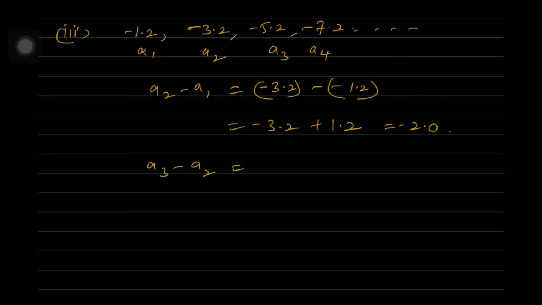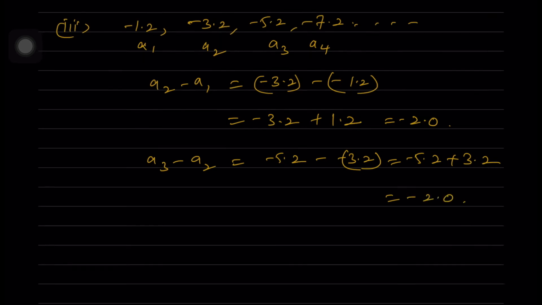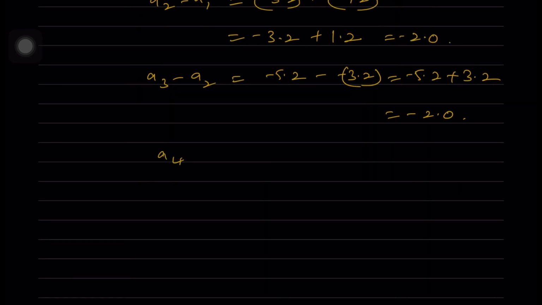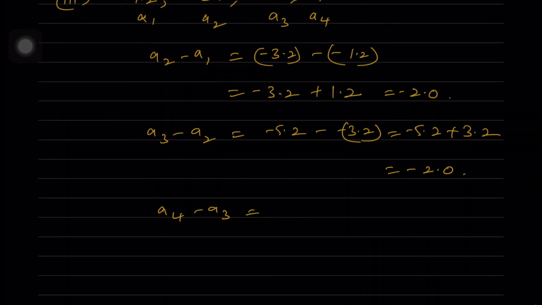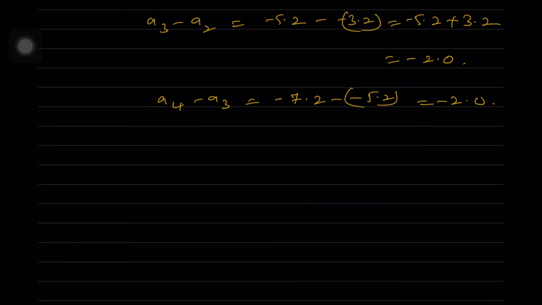And A3 minus A2 is equal to minus 5.2 minus of minus 3.2, which is equal to minus 5.2 plus 3.2, which is equal to minus 2.0. The same way, A4 minus A3 is equal to minus 7.2 minus of minus 5.2, which is equal to minus 2.0.